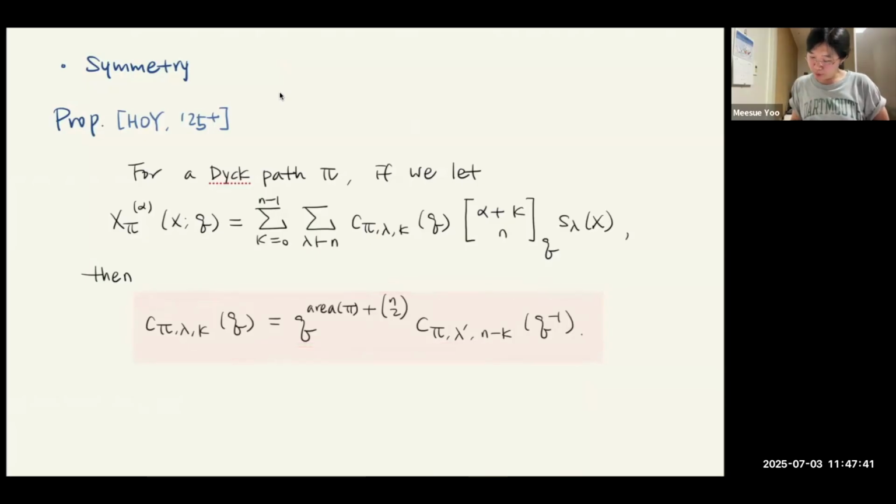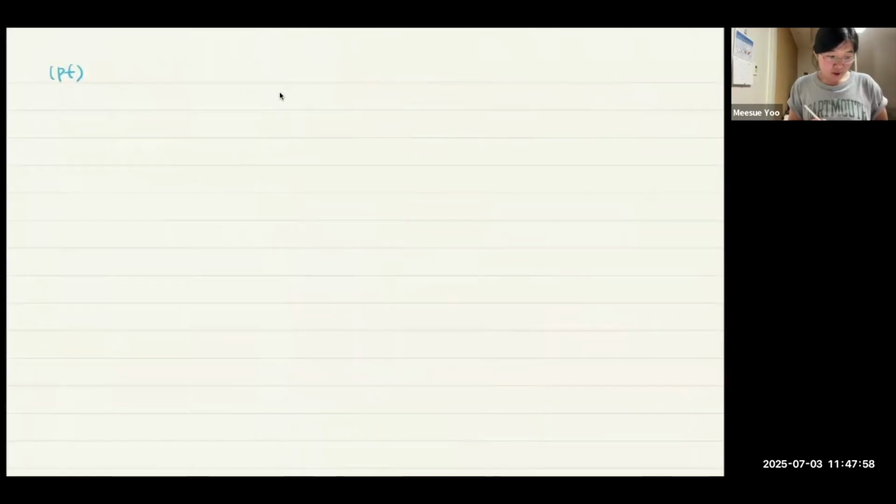So you replace q by q inverse and multiply this factor, then you get the coefficient indexed by the s lambda prime partition. So this also can be easily proved by using the known fact by Blasiak et al.